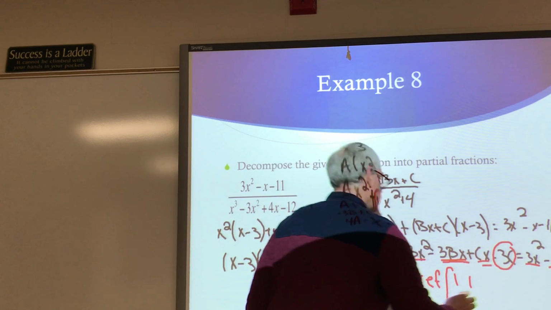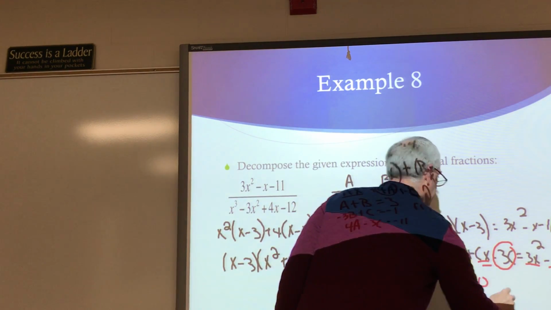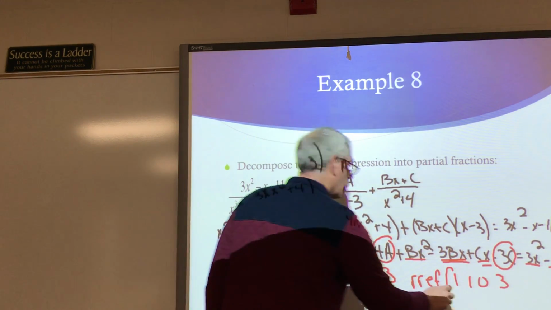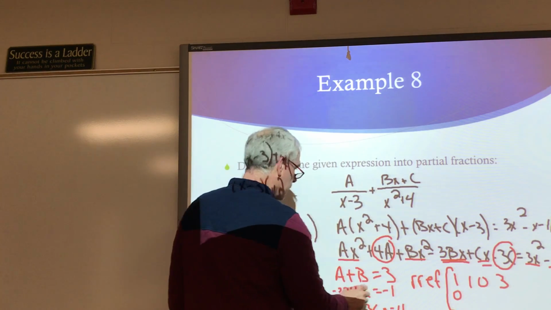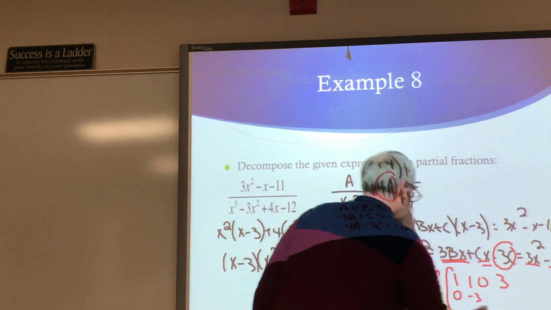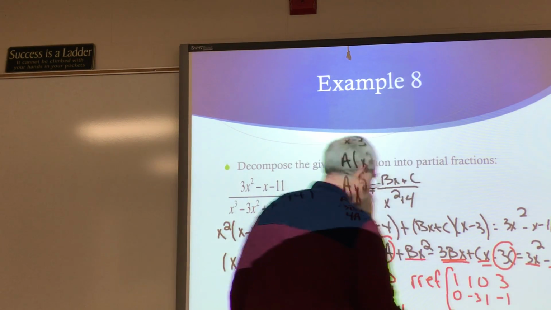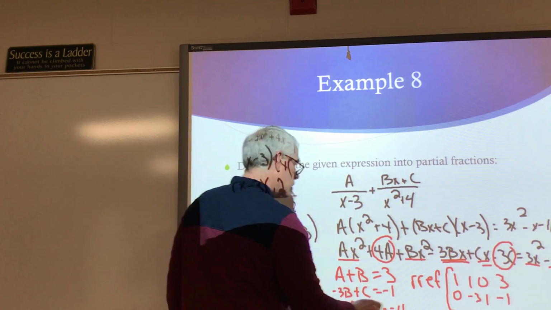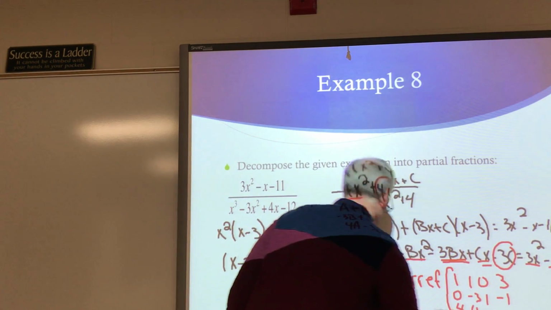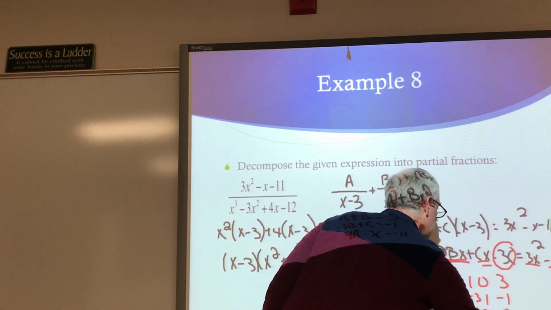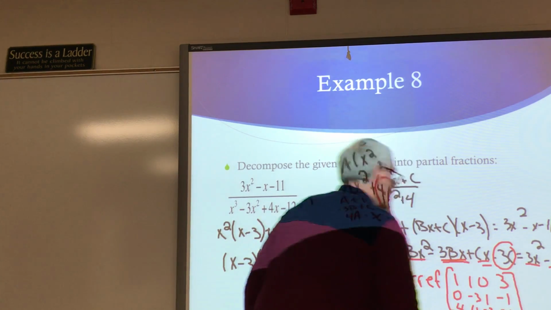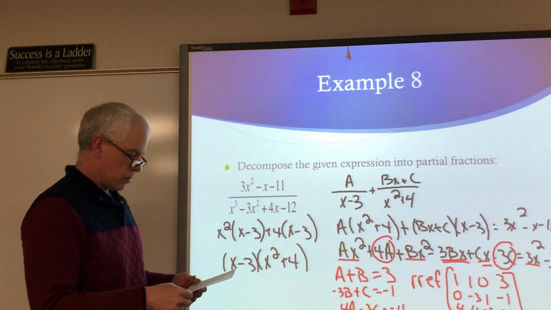1, 1, 0, 3. And in the second row, there wasn't an A term, but then negative 3, 1, and that negative 1. And then a 4, a 0, a negative 3, and a negative 11. And it spit out my solutions, okay?